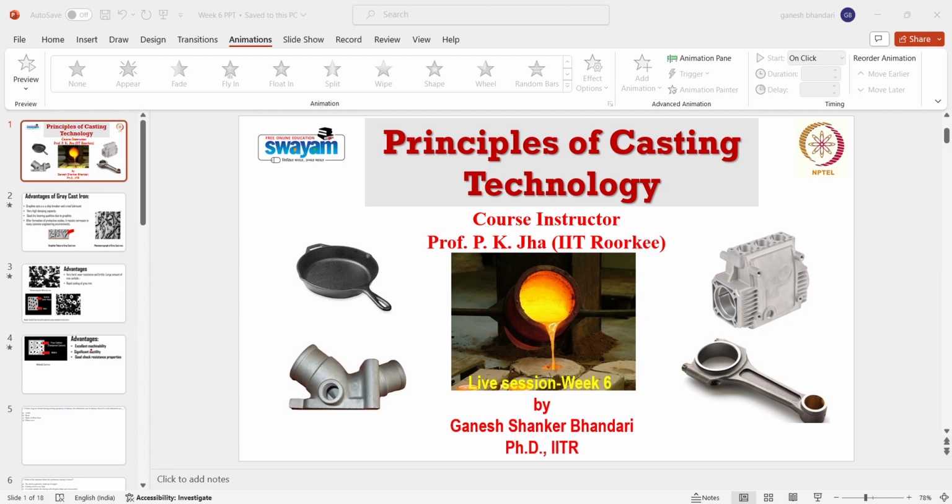Grey cast iron, white cast iron, malleable or mottled iron? Yes.